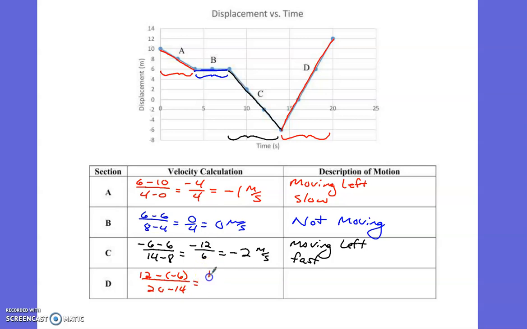So it went up by 18, and it went over by 6, which gives us a slope or velocity of +3 meters per second. Because the line is going up, we know that it is moving to the right. And the slope is pretty steep, so it's a relatively fast motion.